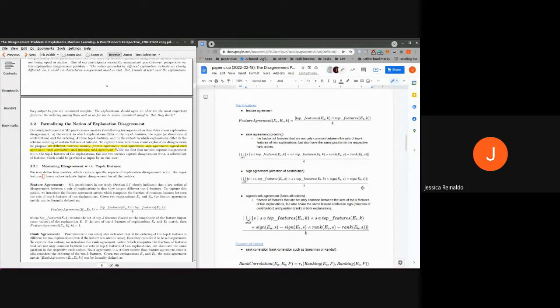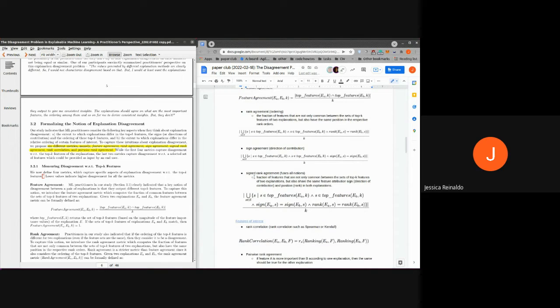So if one explanation considers age to be the most important feature, but for the negative class, and the other considers age to be the most important feature, but for the positive class, they have a disagreement, so this is not a match for the sign agreement metric. And the last, signed rank agreement, is a mix of all these, where you have to have the feature agreement, the rank agreement, and the sign agreement at the same time.